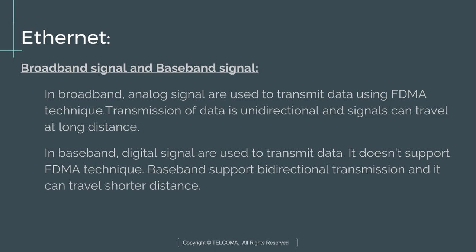Broadband signals can transmit in one direction, whereas baseband signals can transmit their data in both directions. Broadband signals can travel a longer distance, whereas baseband signals can travel a shorter distance. So this is about broadband and baseband signals.